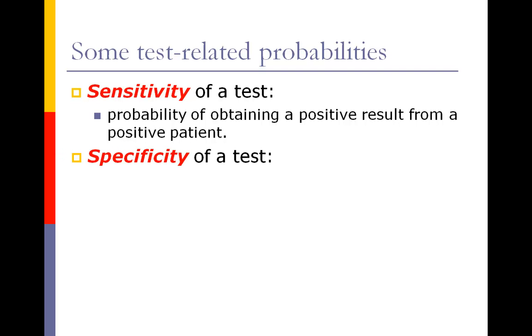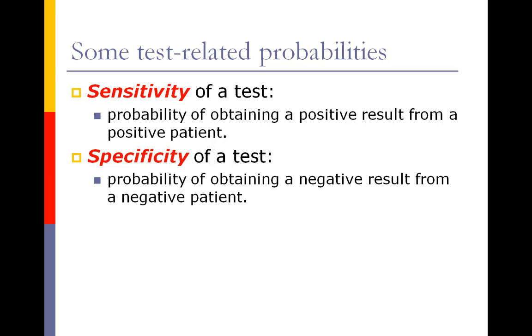On the other hand, we have the specificity of a test. And what is that? Well, that is the probability of obtaining a negative result from a negative patient. So in other words, if the patient does not have the certain condition, but we suspect that the patient might have that condition, and we run that test on the patient, will the test correctly identify the patient as not having the condition? So again, this is quite important.